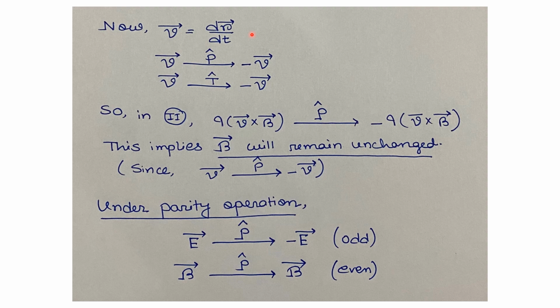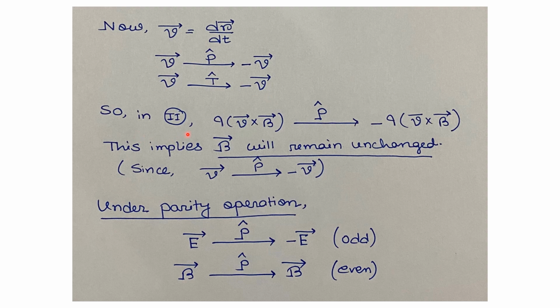Now v, that is velocity, is dr/dt. Under parity operation, v will change its sign, that is minus v, because r is replaced by minus r here. Under time reversal operation, the velocity will also change its sign, so it will become minus v.